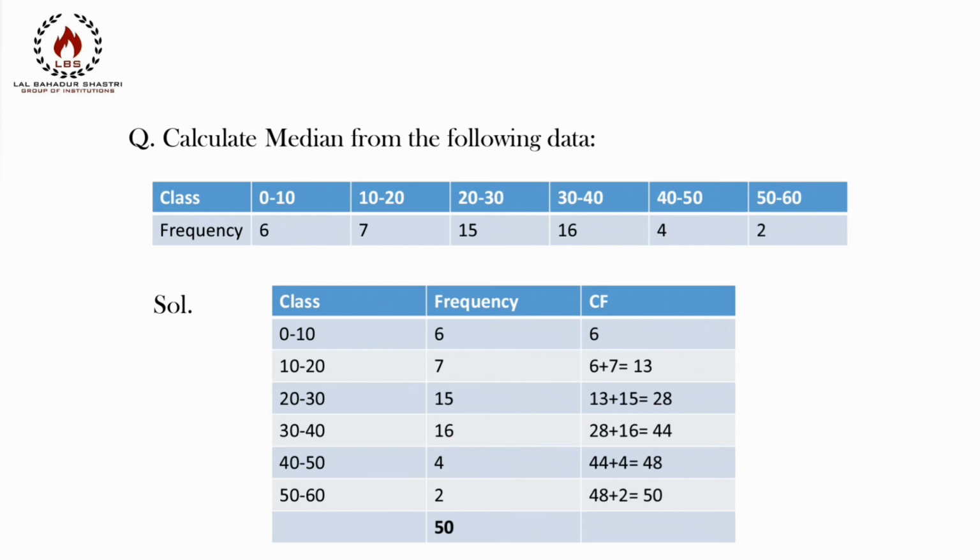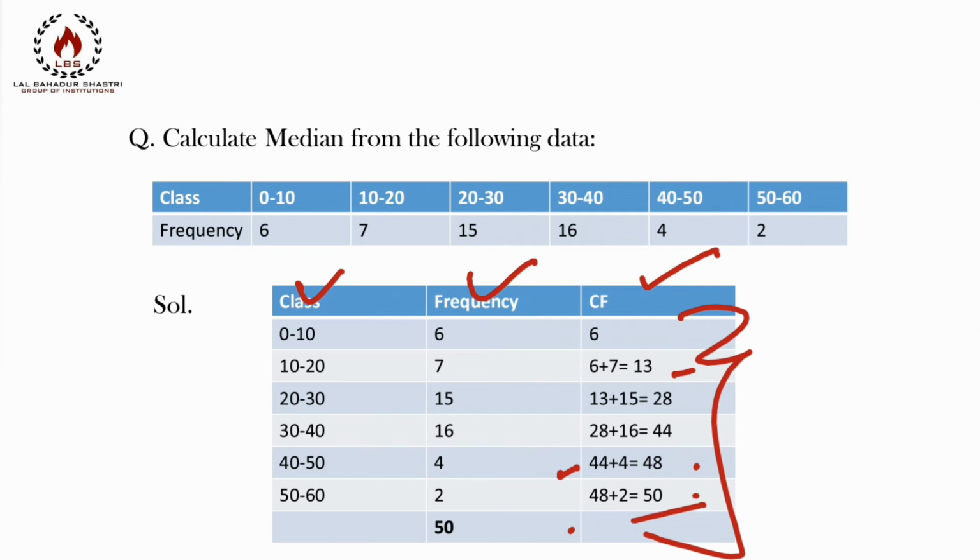First we'll write the class, then the frequency, and then we'll calculate the CF like we did in the previous question. 6, then previous frequencies added up: 6 plus 7 is 13, 13 plus 15 is 28, 28 plus 16 is 44, 44 plus 4 is 48, 48 plus 2 is 50. So 50 and 50. This shows that the CF we calculated is absolutely correct.